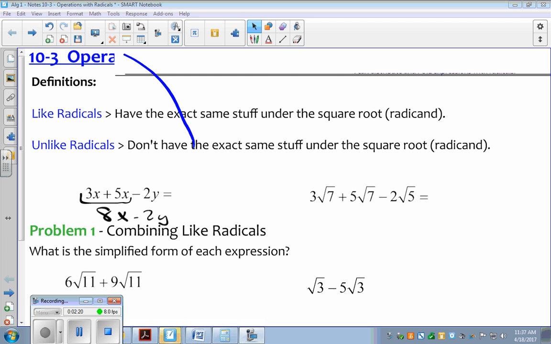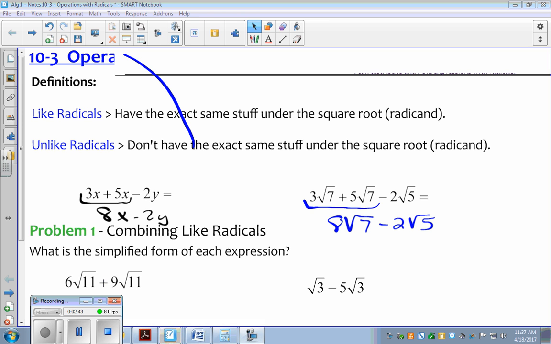If I have 3 root 7s and 5 root 7s, and I'm minusing 2 root 5s, I can go ahead and do the math on the root 7. 3 plus 5 is 8. So this is 8 root 7s altogether, and that is still minus 2 root 5s.